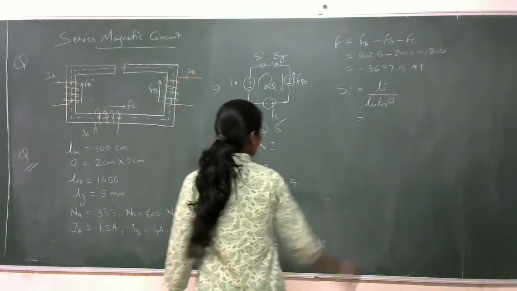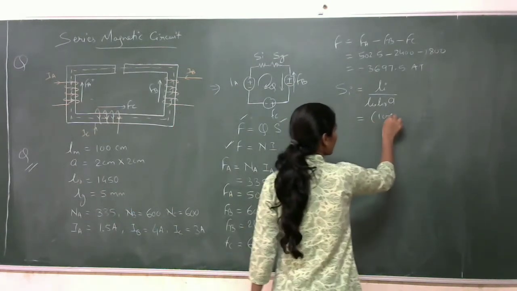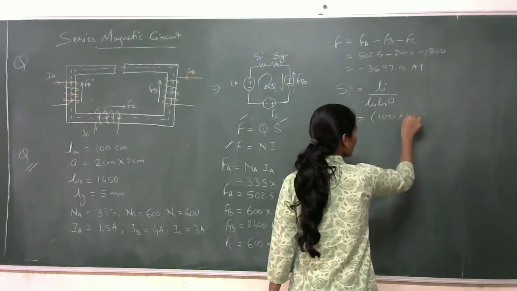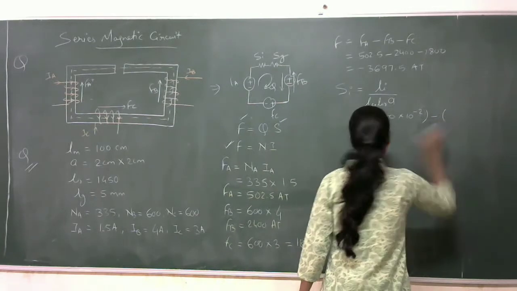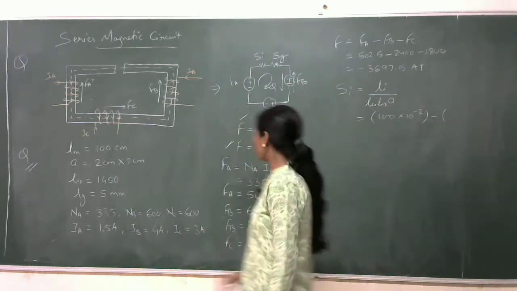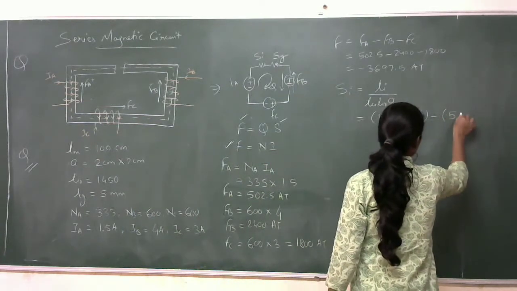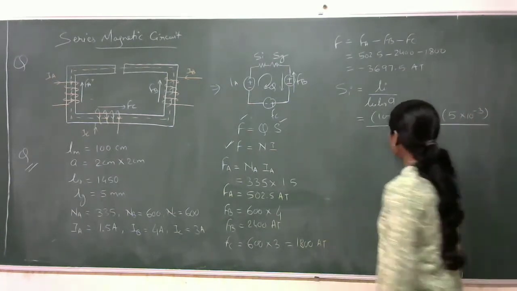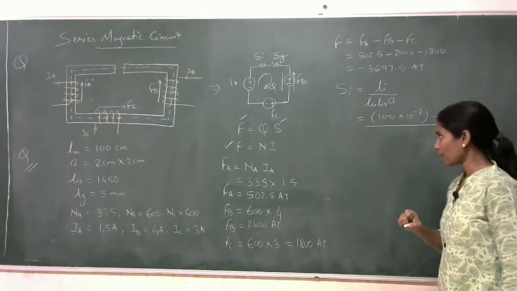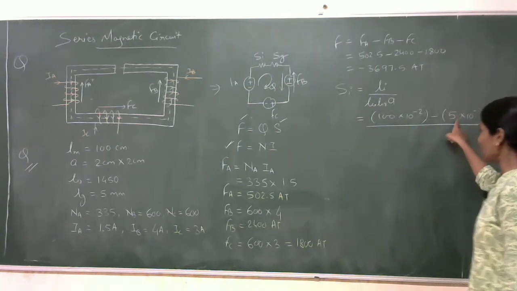So the effective length is 100 into 10 to the power minus 2, converting into meter, minus 5 into 10 to the power minus 3, converting the 5 mm into meter. Total length minus air length.